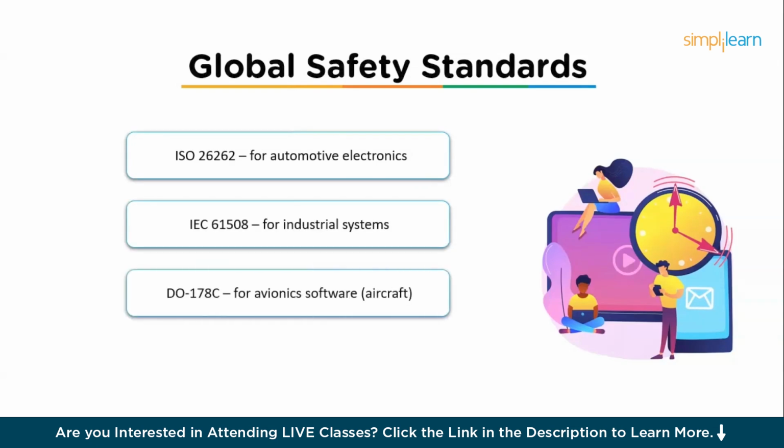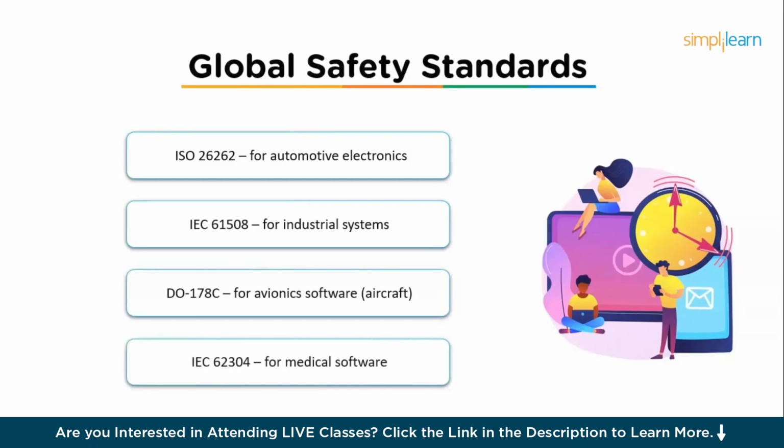Then we have DO-178C for avionics software in aircraft. Then we have IEC 62304 for medical software. These standards ensure that the system is designed, tested and verified before it's used in the real world. For developers, this means writing cleaner code, testing rigorously and documenting everything.